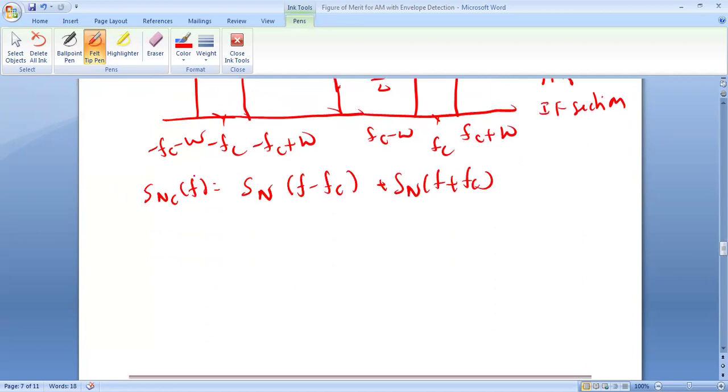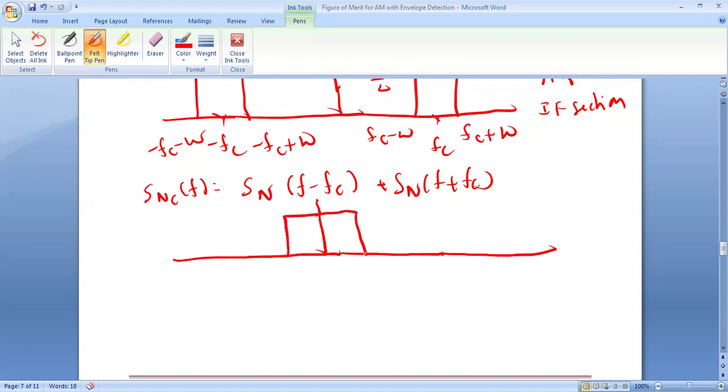So we are quite familiar with operations on signals. If I shift the spectrum towards the right side, what is the meaning of shift right side? Add fc everywhere. So this will be minus W to plus W, N0 by 2.